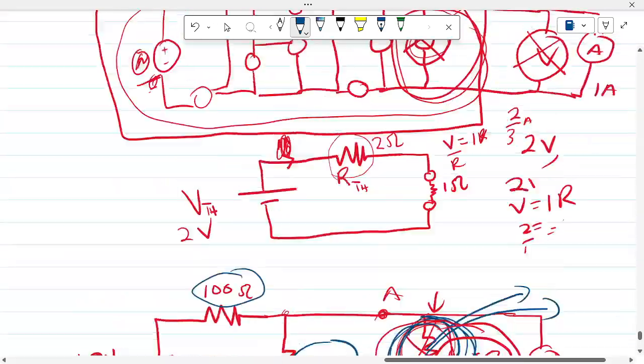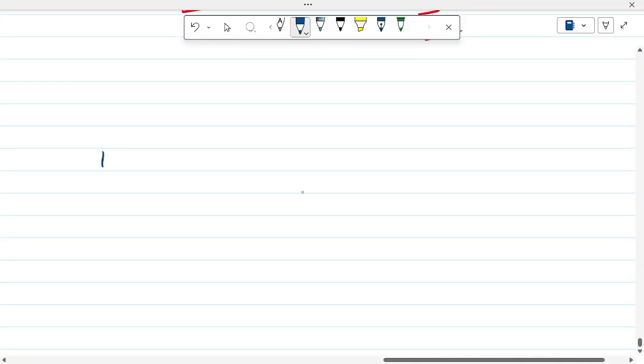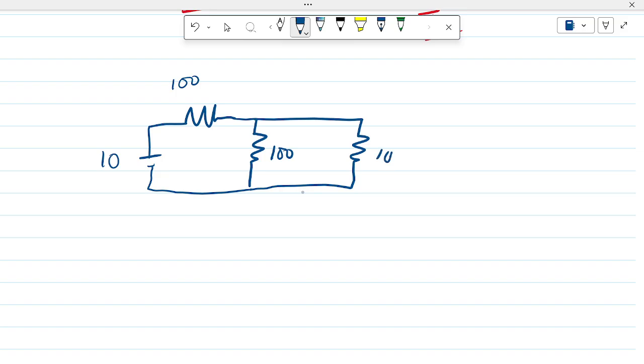So let's prove if that is true. Initially I had 10 ohms with 100, another 100, and we wanted to find the current in this last 100. We can use different approaches to solve the current, and we should have the same answer.